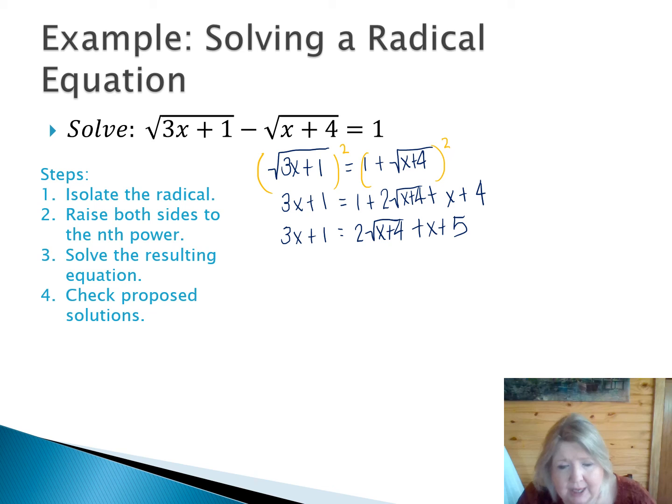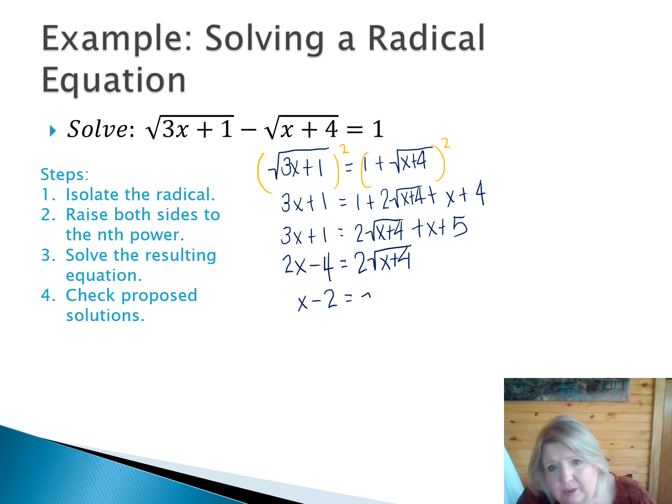Now I need to isolate the square root of x plus 4. So I'm going to subtract x from both sides. I'm going to subtract 5 from both sides. Then I'm going to divide everything by 2. That leaves me with x minus 2 equals square root of x plus 4.